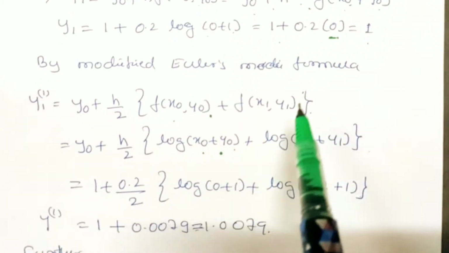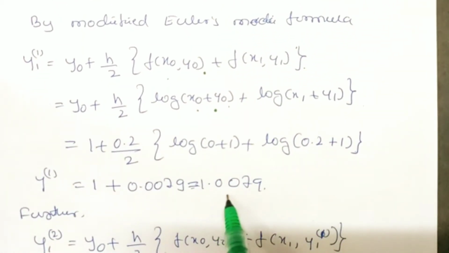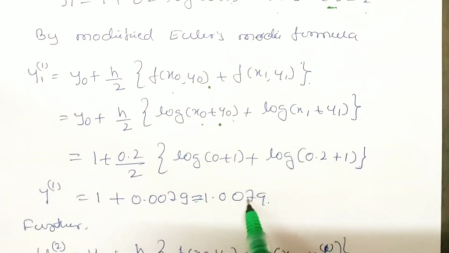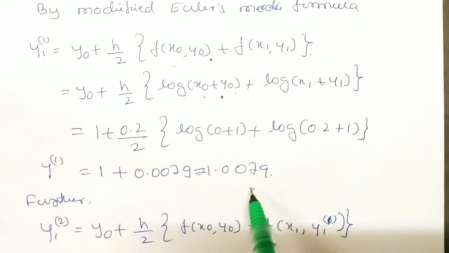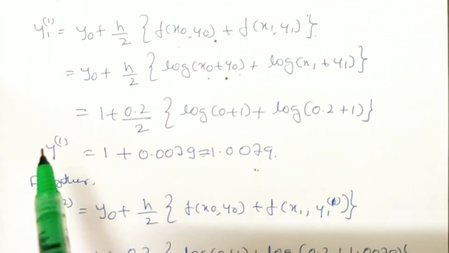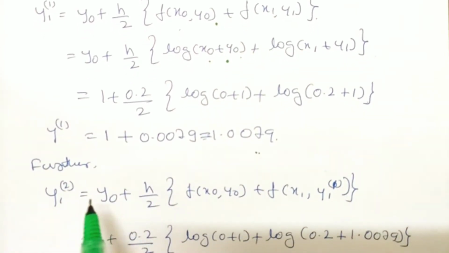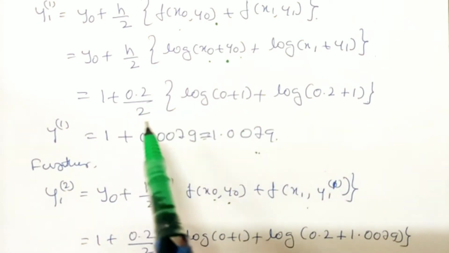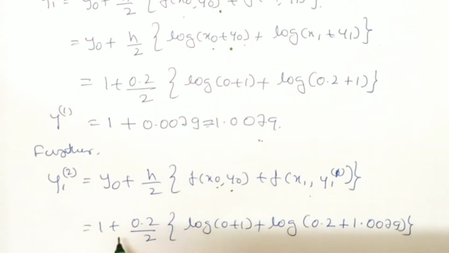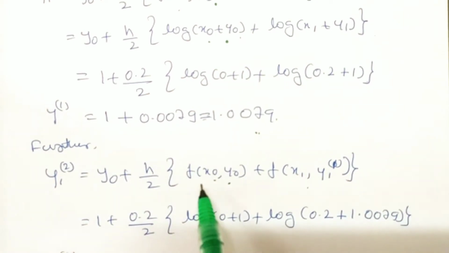Next, y1 is 1 and its improved value is 1.0079. They are not exactly the same, so we can go for the next iteration. We improve this value by taking y1 at second iteration, the second improved value, as y0 plus h by 2 into f of x0, y0 plus f of x1 and the first improved value of y1.